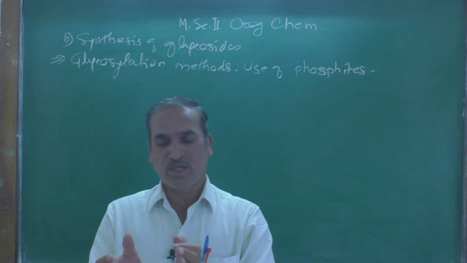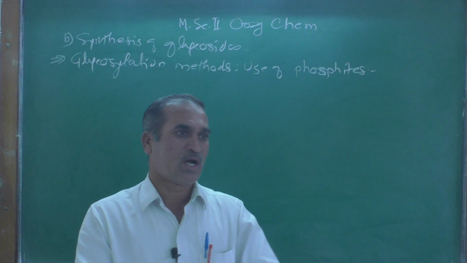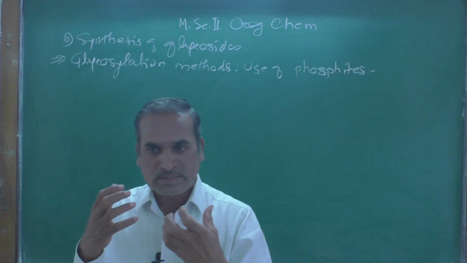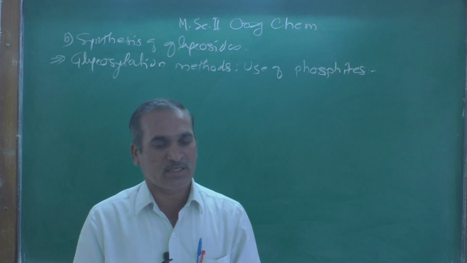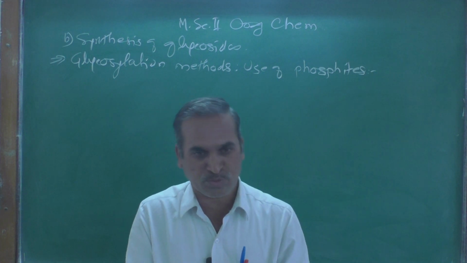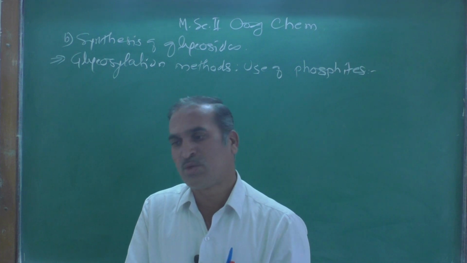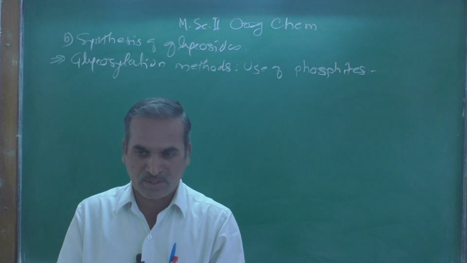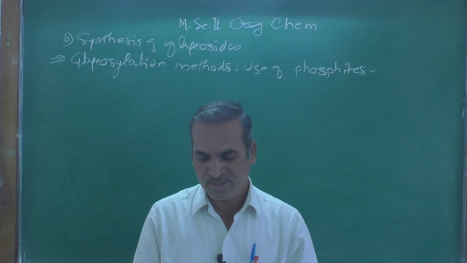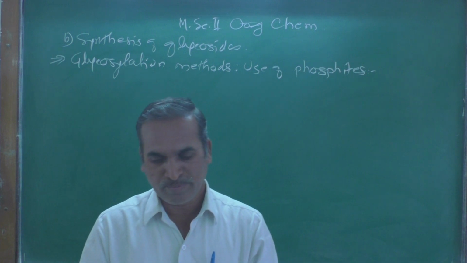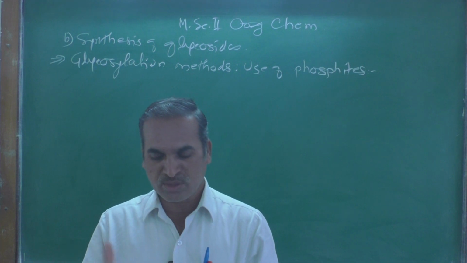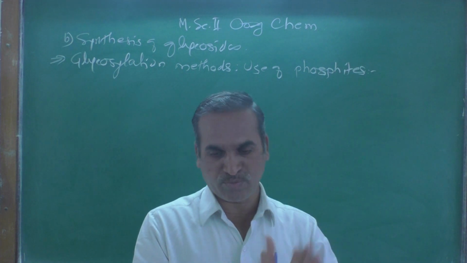First of all, we are going to discuss how glycosyl phosphates are synthesized, and after that how a glycosyl phosphate can be used as a donor or acceptor for the synthesis of a number of derivatives. So let's see some introduction related to the glycosylation method, the use of the phosphate.